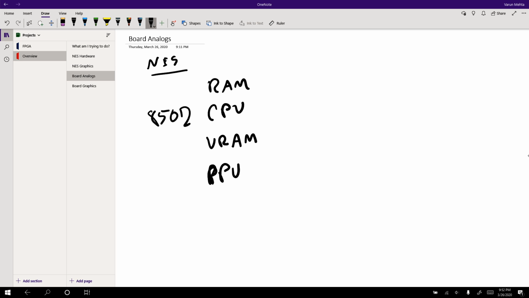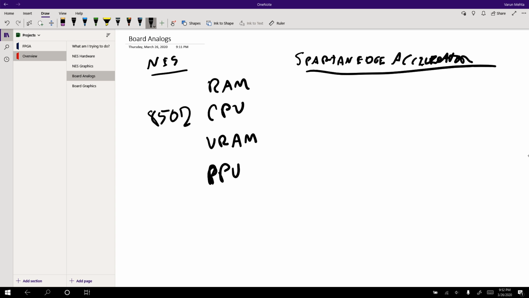Anyway, so in our Spartan Edge accelerator, what's going on? So the ESP32, that is our CPU, actually also has a built-in RAM.